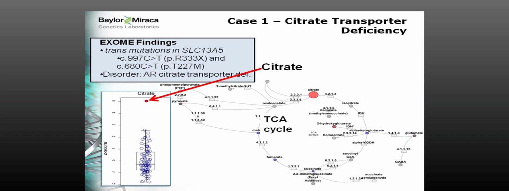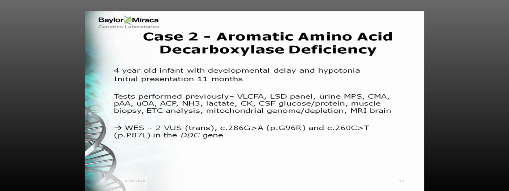Also, you can see in the TCA cycle pathway over on the right, the blue circles where the things downstream, such as malate, fumarate, and alpha-ketoglutarate, are all low, and we've now found a couple of other individuals with citrate transporter deficiency, and actually one of my colleagues at Baylor, Brett Graham, is going to be looking at anaplerotic therapy with triheptanoin for this disorder to see if he can kind of jumpstart the TCA cycle and bypass this process.